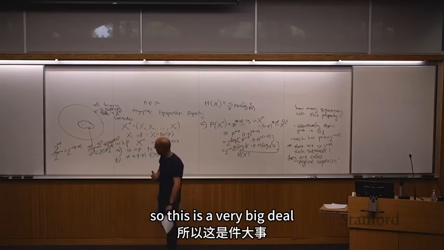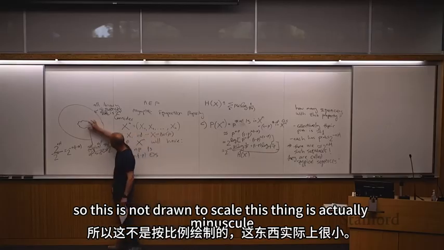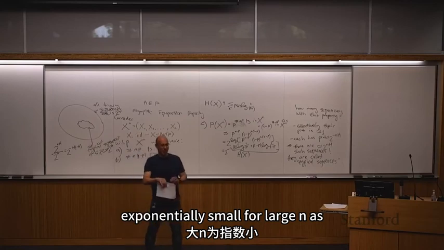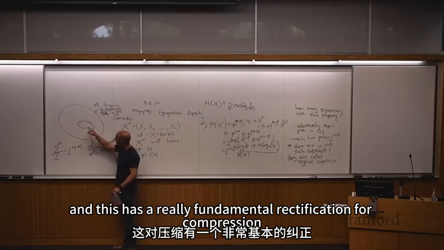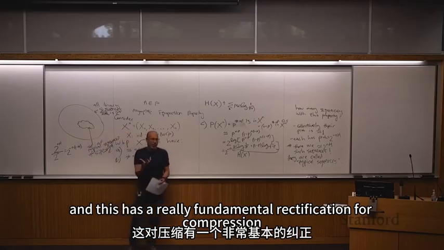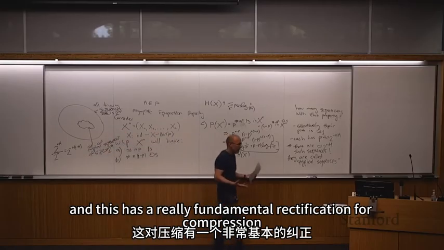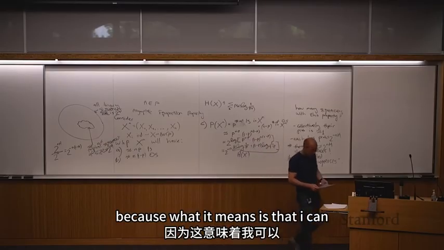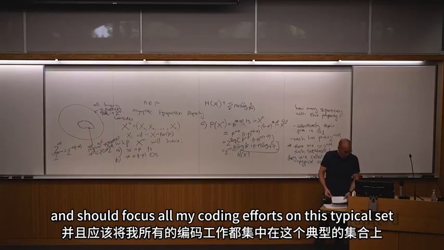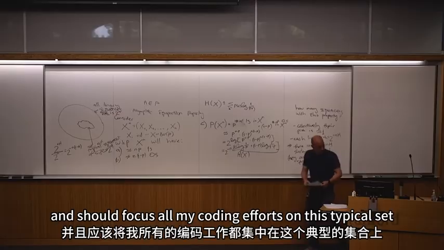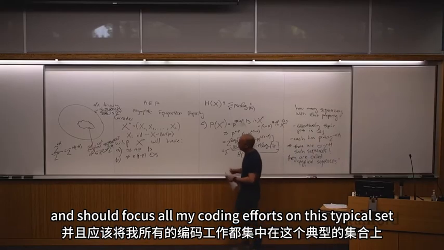Okay, so this is a very big deal. This is not drawn to scale. This thing is actually minuscule, exponentially small for large n, as n becomes bigger and bigger. And this has a really fundamental ramification for compression, because what it means is that I can and should focus all my coding efforts on this typical set.